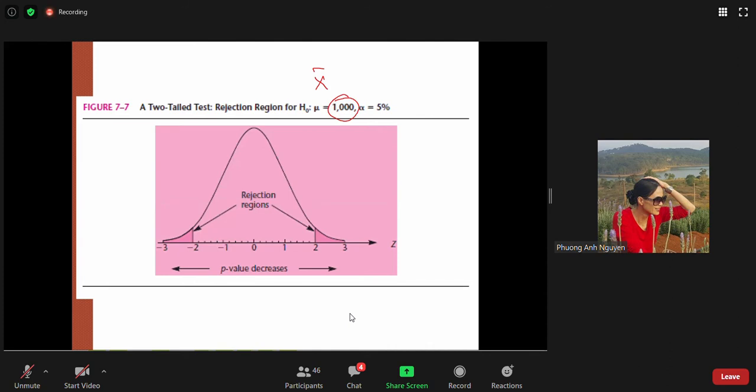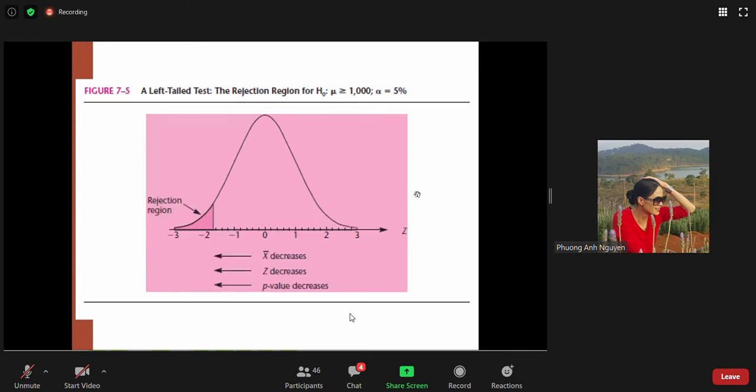It's too far away, so clearly we would reject H0. So when X bar is too far above or too far below, we reject H0. In this case, we call it a two-tail test.